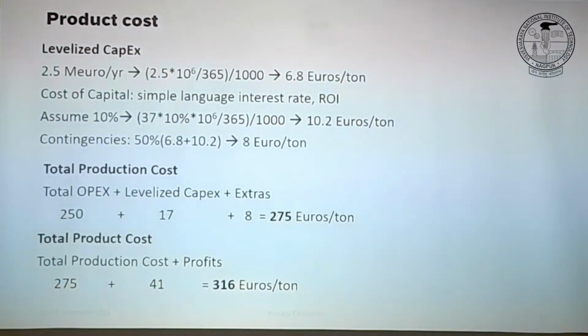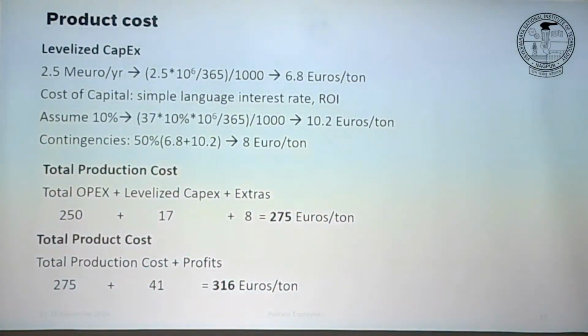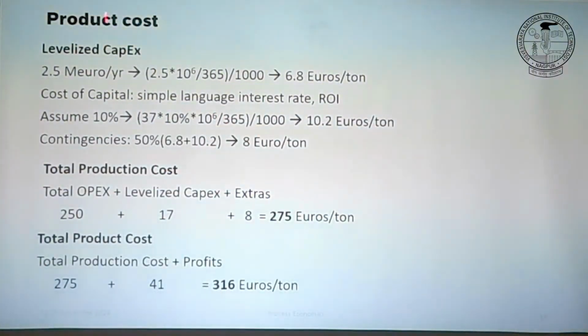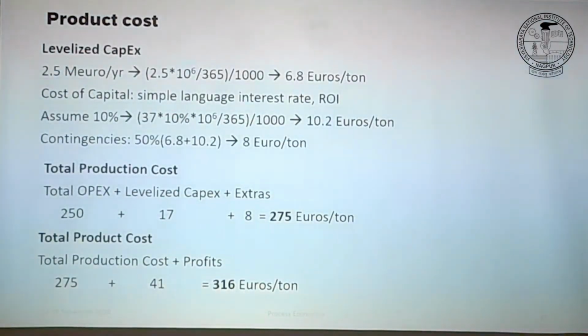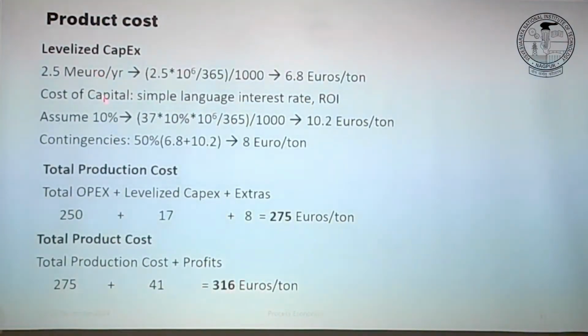But who will give you 37 million euro for free? Apart from your parents. That means you have to pay some interest rate. You could finance your plant either from your own pocket, or you can get a loan or credit from a bank. If it's financed from outside, or debt, you have to pay interest.